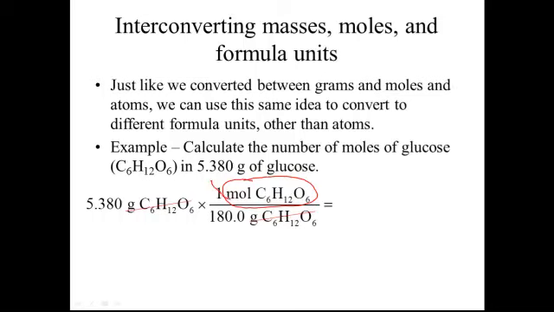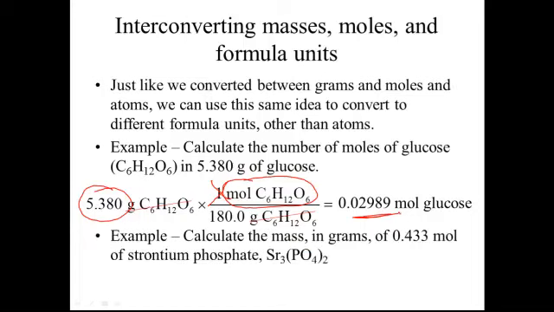Remember, the 1 we don't need to do anything with. So 5.380 divided by 180. For our final answer, we've got 4 significant digits here, so I get 0.02989 moles of glucose.